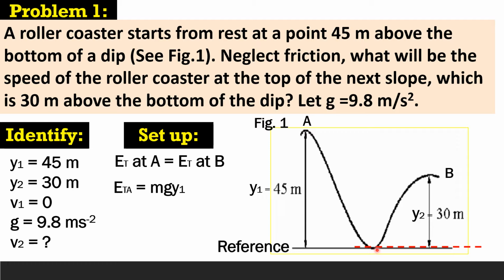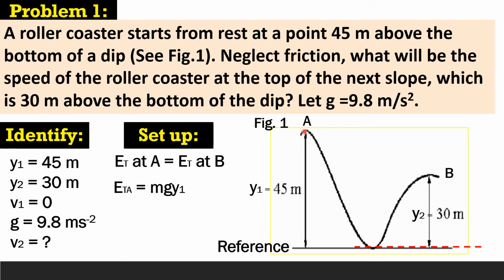And since there is no friction considered, the amount of kinetic energy is sufficient for the roller coaster to rise up to the second slope and reach point B. So that is the way the transformation of energy takes place.